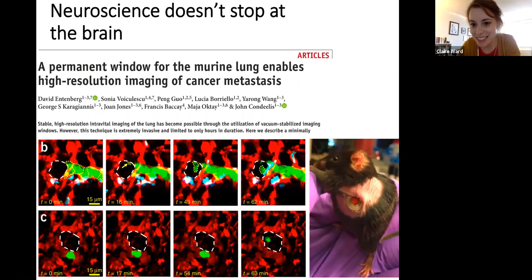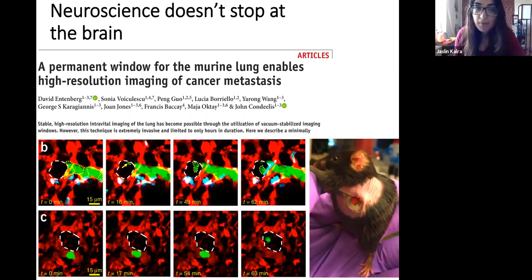When the mice are implanted with GRIN lenses or other kinds of head posting are performed, how far away is the behavior of those mice versus the ones that are not implanted?